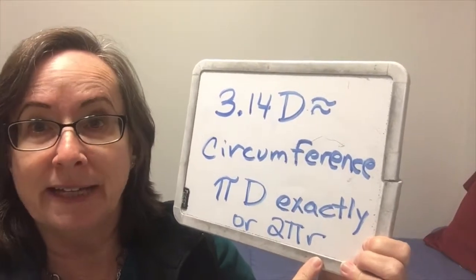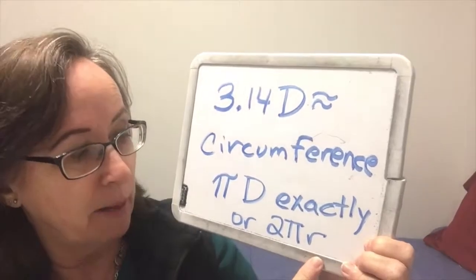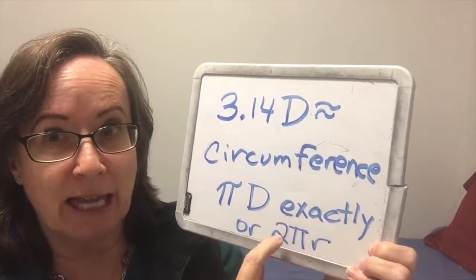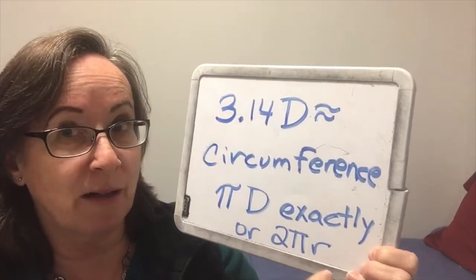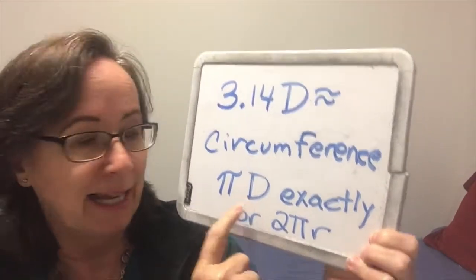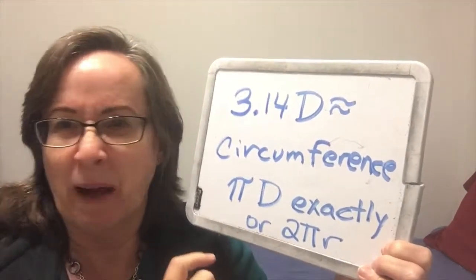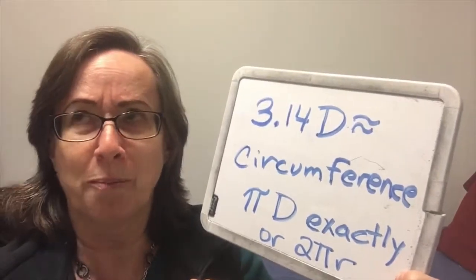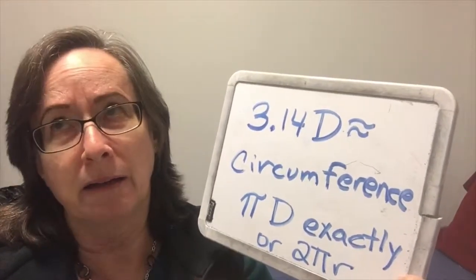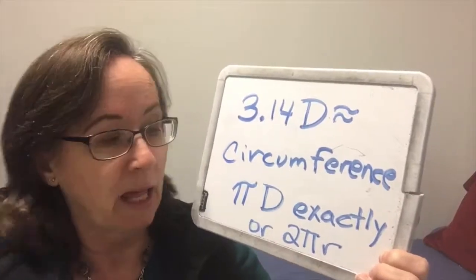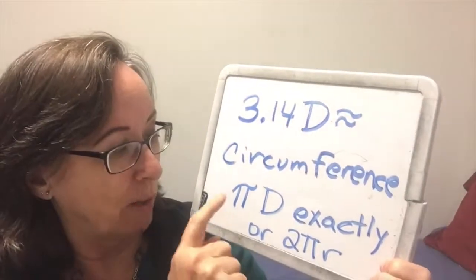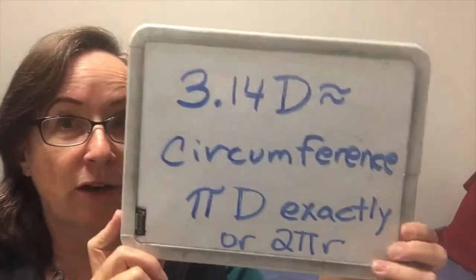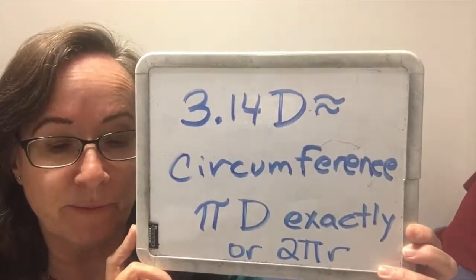So you will often hear 2 pi r because even though the 2 and the r go together, because 2 times r is diameter, it just sounds catchier. 2 pi r, 2 pi r, okay? Instead of 2r pi. So 2 pi r, and it's easy to remember. So pi d or 2 pi r. And those are the formulas for the circumference.